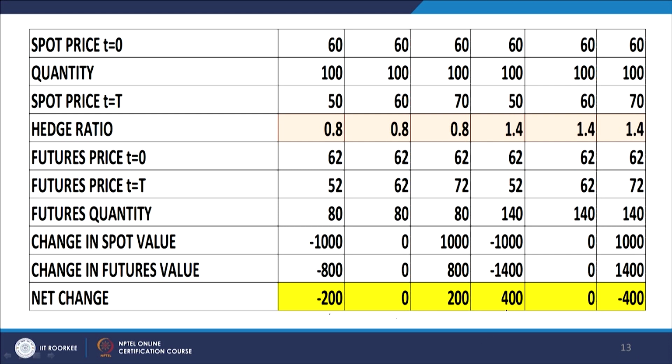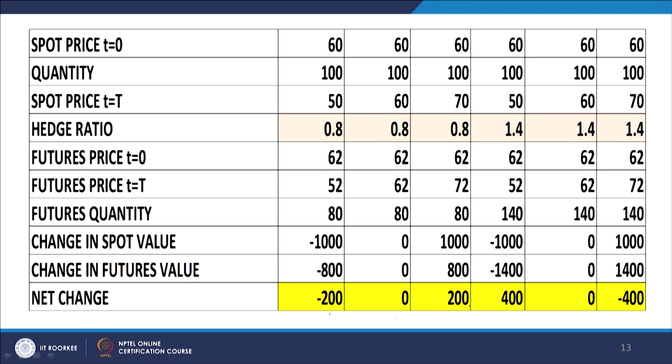Number one, the change in the hedge portfolio goes from 200 to 400, and not only that, the direction of the change also reverses. For example, if the spot price on maturity turns out to be 50 and the hedge ratio is 0.8, I make a loss of 200 units. However, if I increase the hedge ratio to 1.4, I make a profit in this scenario.